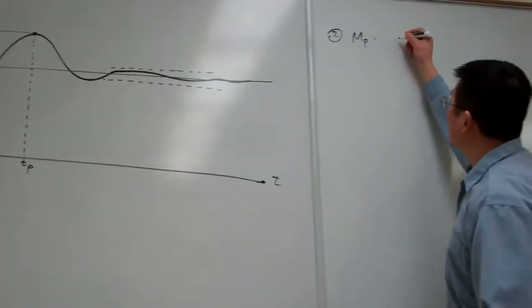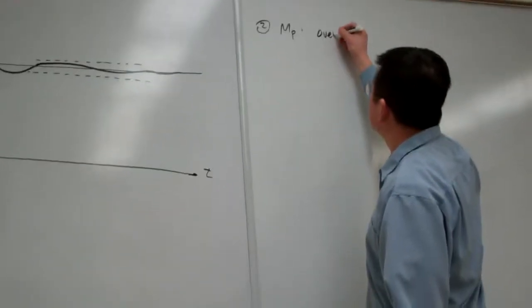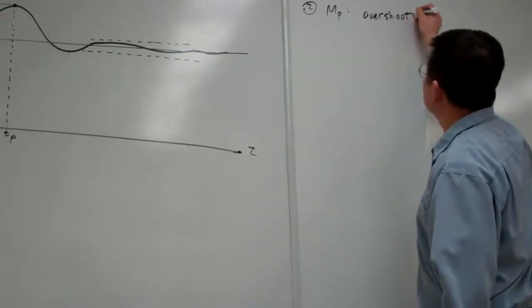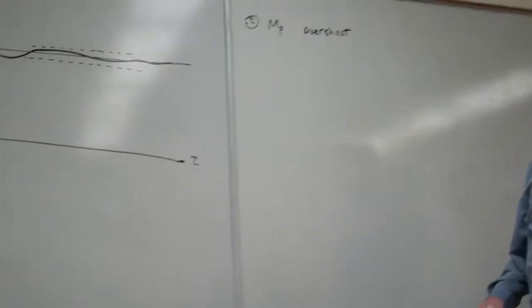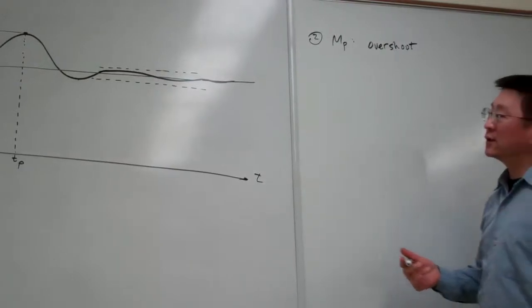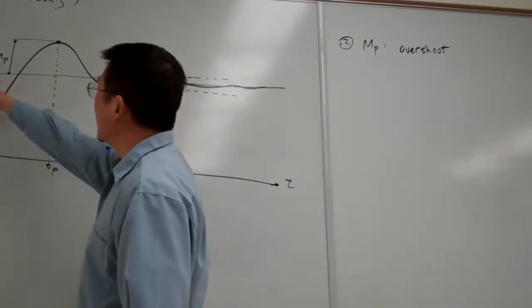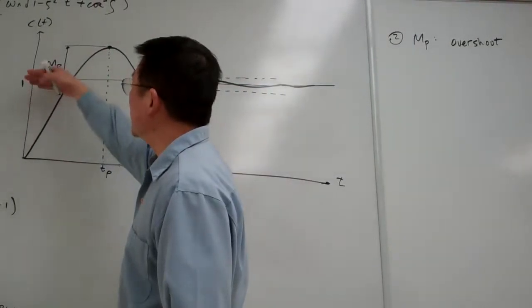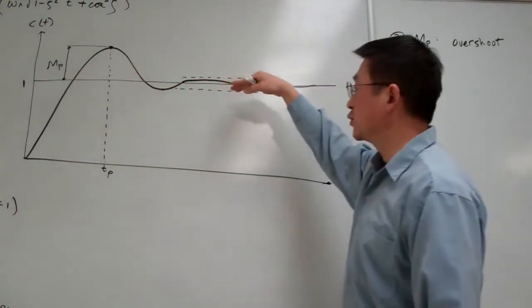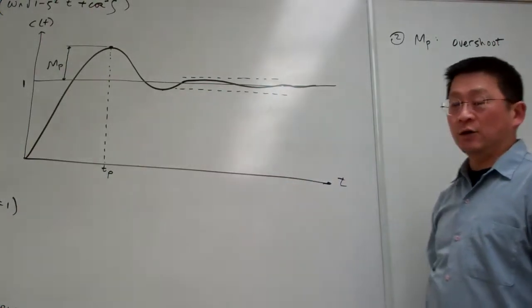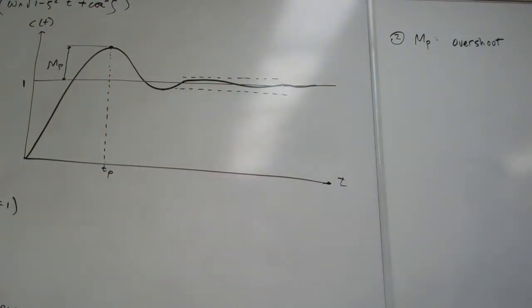MP, the name is called the overshoot. Okay, so basically that is the maximum value the response will achieve. And again, 1 is our unit step input. Basically, our goal is to have the response follow 1 as close as possible, as quick as possible.